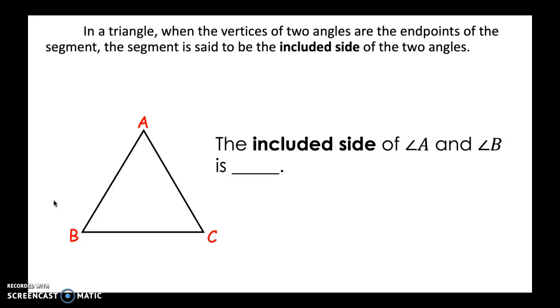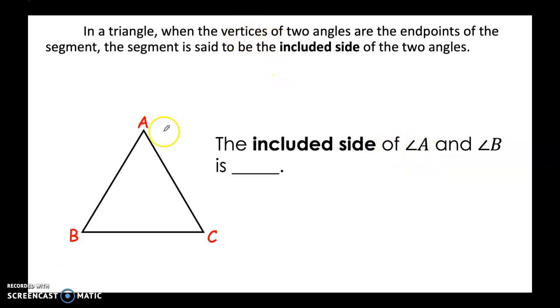So in a triangle, when the vertices of the two angles are the endpoints of a segment, the segment is said to be the included side of the two angles. So let's determine the included side of angle A and angle B. What will be the vertex of angle A?